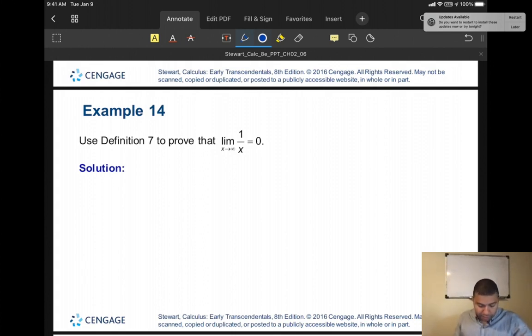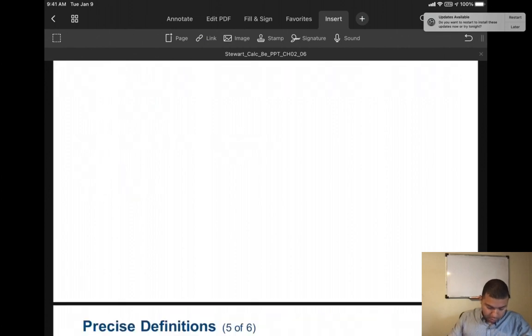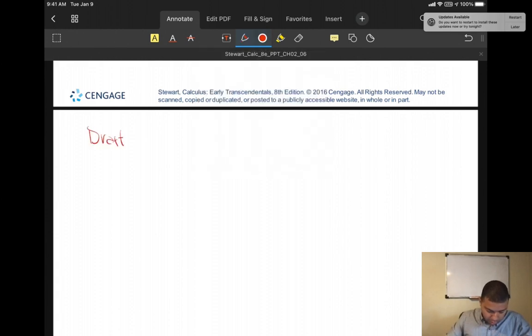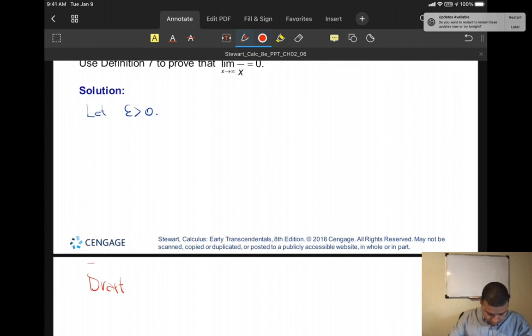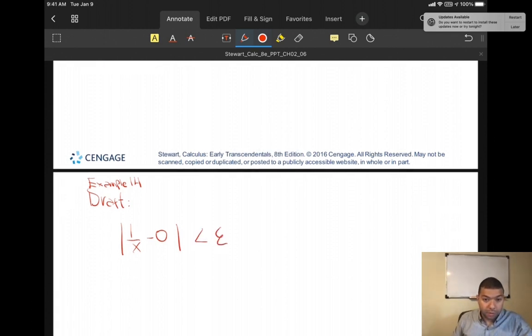So we're going to prove that this limit, rather than just using intuition, using the definition. So let epsilon be any positive number. And I'll use a little draft, a different color so that you see. So this is my draft. I'm trying to make 1 over x within an epsilon distance of 0, right?